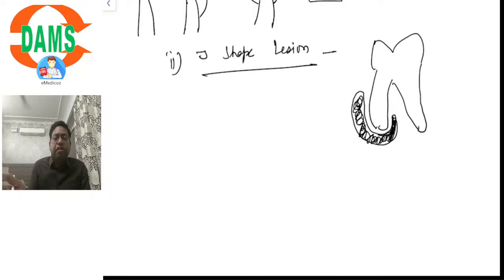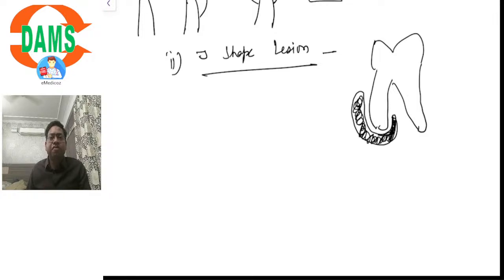Suppose the vertical root fracture goes undetected initially or during the course of treatment, and whatever symptoms are there in the later stages, like loss of pulp vitality and tenderness on percussion, and we say that this tooth requires a root canal treatment and an RCT has been done. In the majority of instances, radiographically hardly any changes would be there and the symptoms would be just similar to cases of irreversible pulpitis.